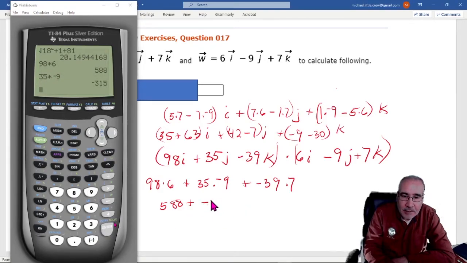It's negative 315. And then 7 times negative 39 is negative 273.